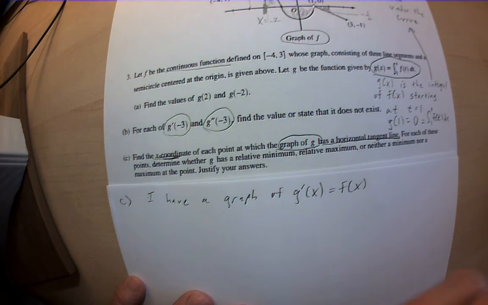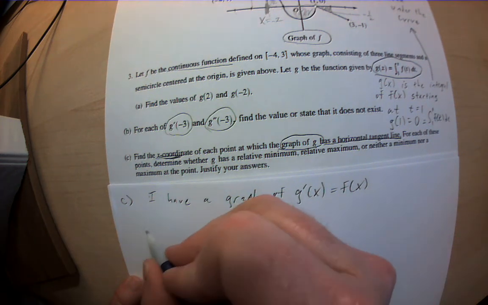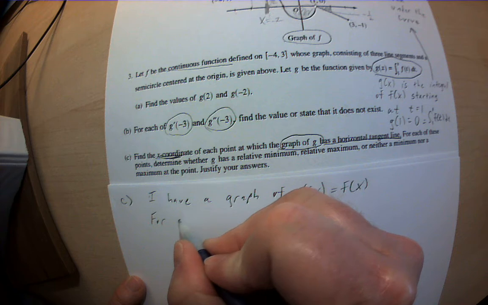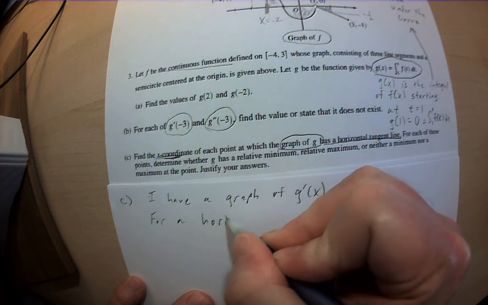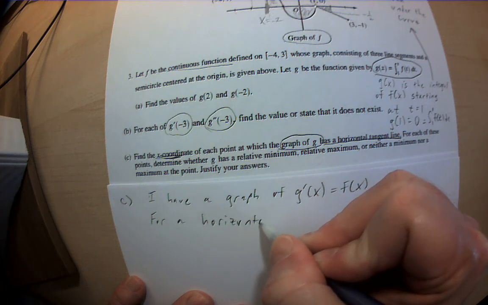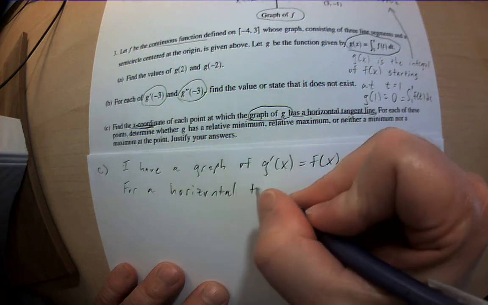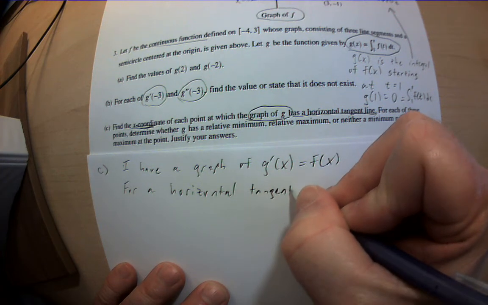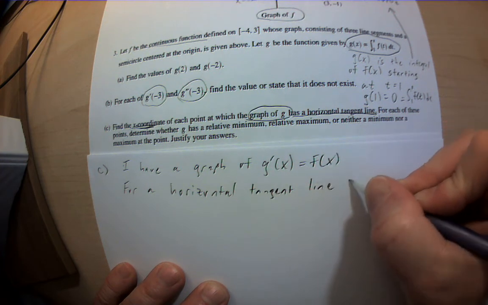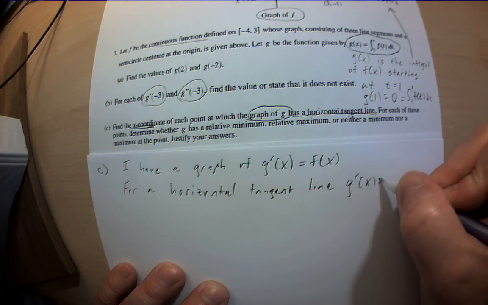What do we know about horizontal tangent lines? What's the slope of a horizontal tangent line? For a horizontal tangent line, G prime of x equals 0.